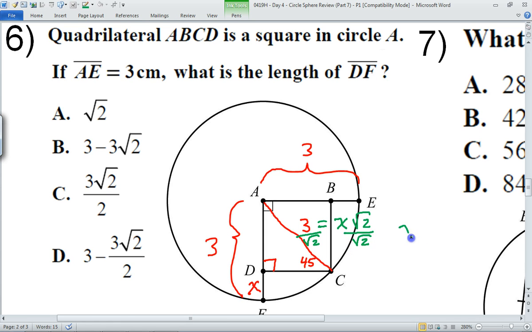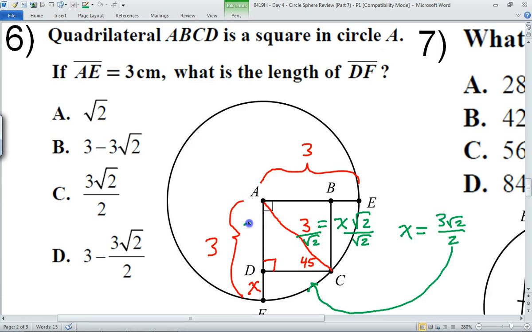Okay? So this is going to give me sort of an ugly expression. I think it's going to give me 3 root 2 over 2. Not very pretty. But understand that this x that I just found, that's the length of a side of the square. Okay? So, this is a square. All the sides are the same, right? Even AD. AD is the side of a square.